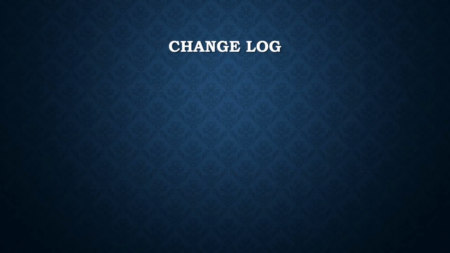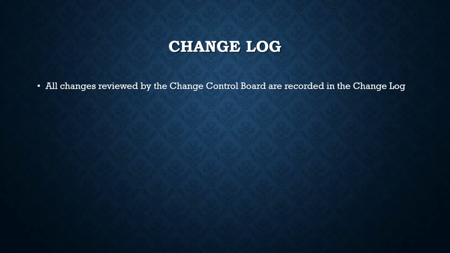Now, there's one more concept which I would like to discuss in this video, and that is known as the change log. Every change that is reviewed by the change control board is recorded in the change log, and most often it is the responsibility of the project manager to maintain a change log for his or her own projects.